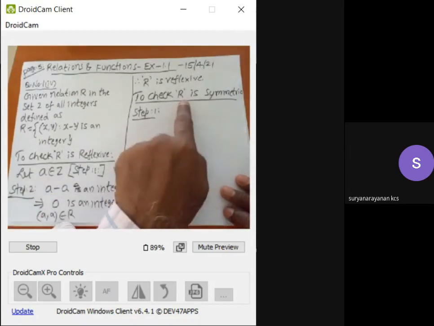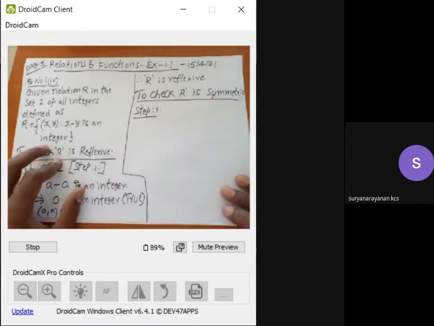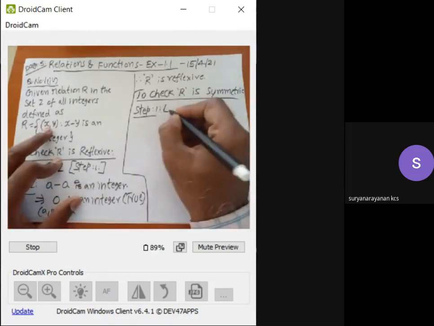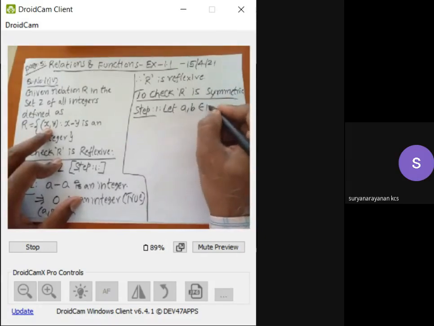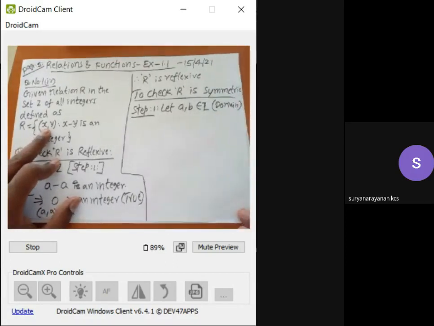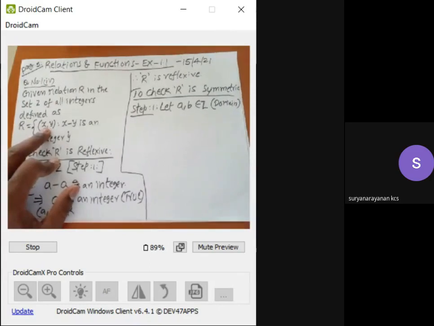Now, to check whether the relation R is symmetric, we have to choose two arbitrary elements from the domain. So, let a, b belong to Z. From the domain, how many elements are we choosing here?